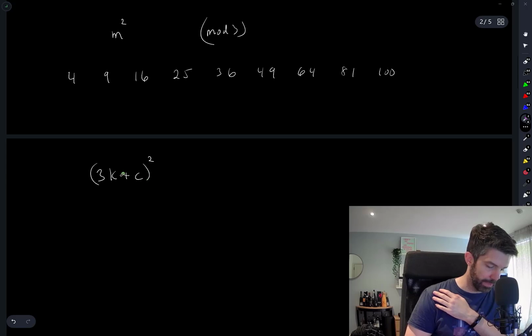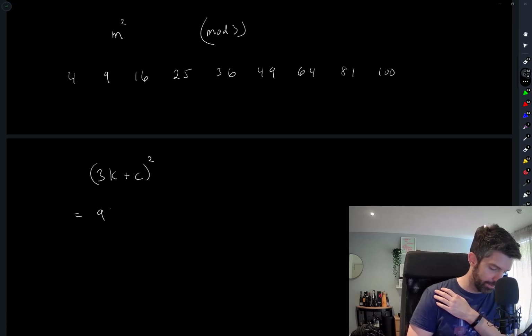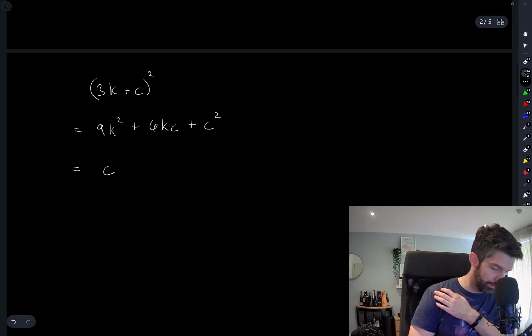So that gives us, k can be anything. C is 0, 1, or 2 to give us sort of all the options mod 3. This is equal to 9k squared plus 6kc plus c squared, which is equal to c squared mod 3.